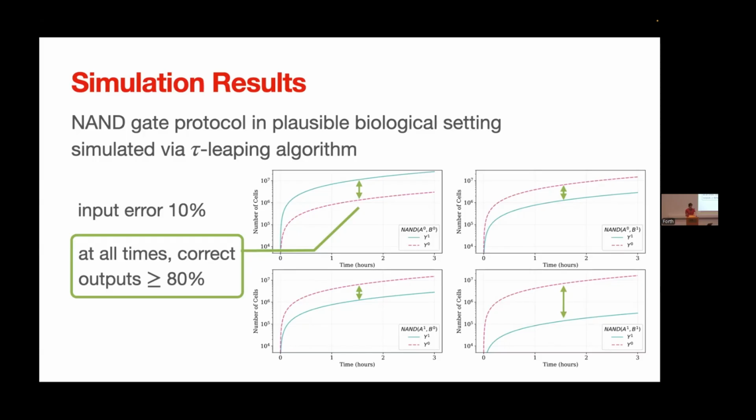The application is around 20 to 40 minutes, so being 3 hours is already quick, actually. This is simulation. We have not implemented this. We are doing the implementation not of the whole Boolean gate, but of the signal amplification. It's slower than this.